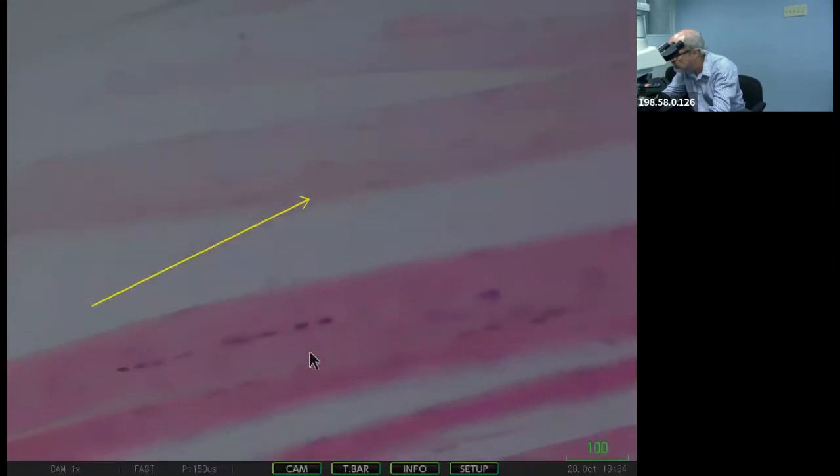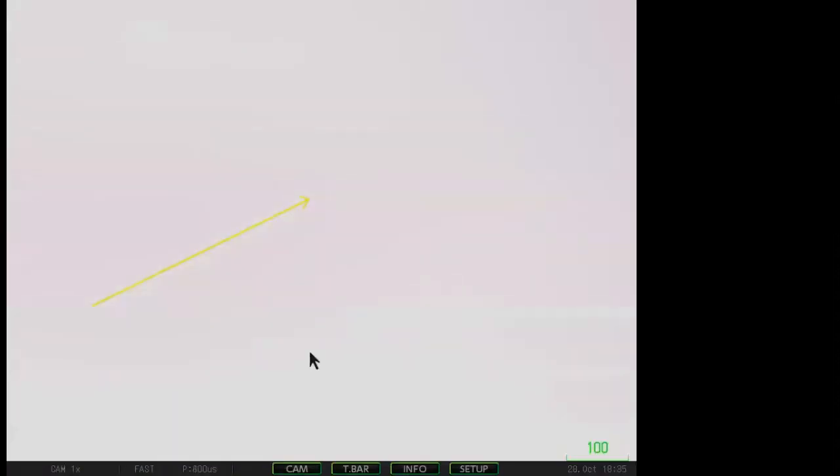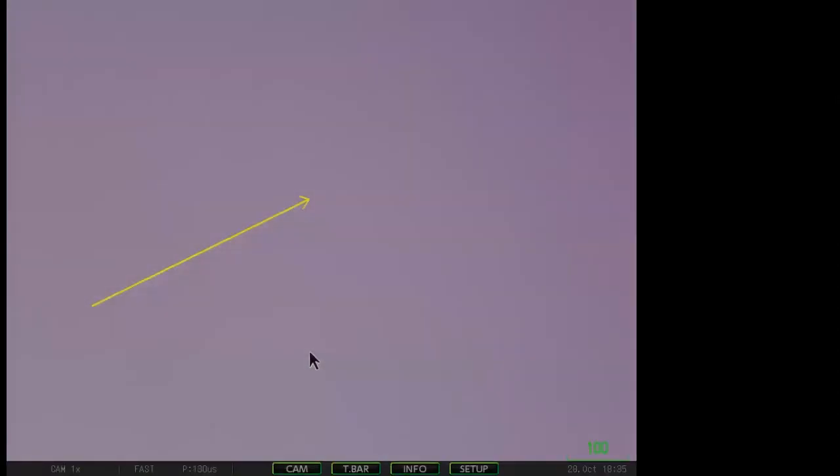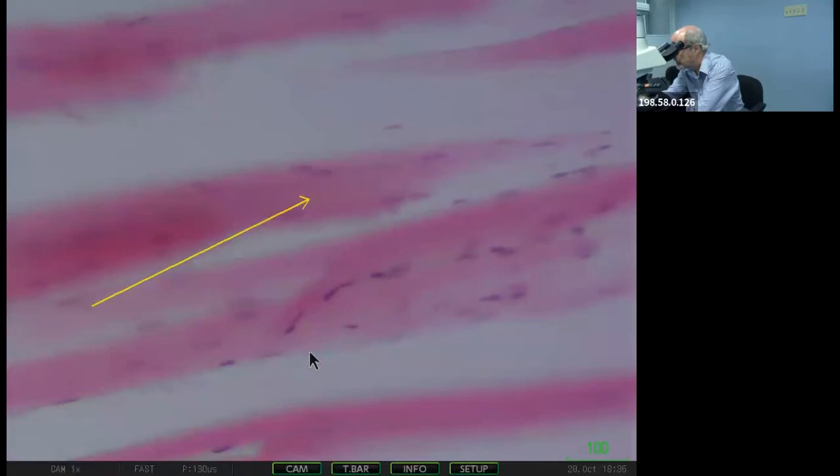Okay, so if we look here, it's a bit blurry, but you can see the striation at this level. If I go to a lower magnification, you can see that the cells are elongated, and you can see that you have nuclei which are located at the periphery of the cells.